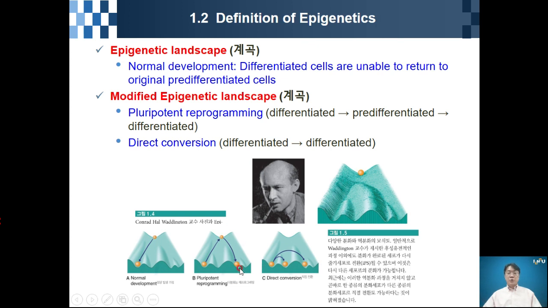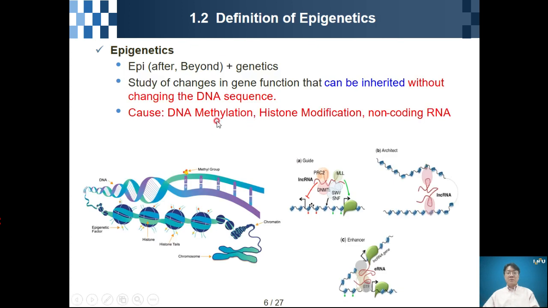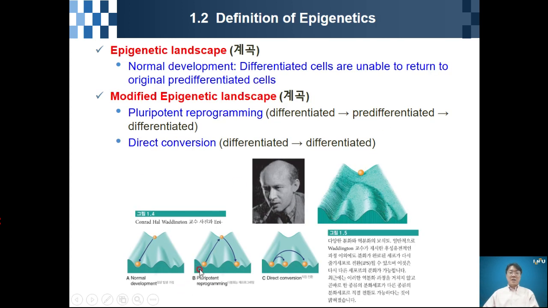It is due to changes in DNA methylation, histone modification, or non-coding RNA. So the differentiated cell changes to the pre-differentiated cell, and finally it changes to a differentiated cell.